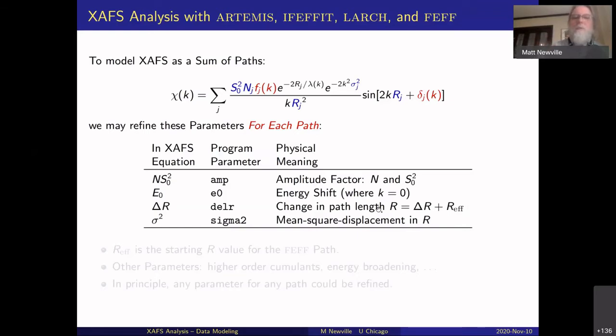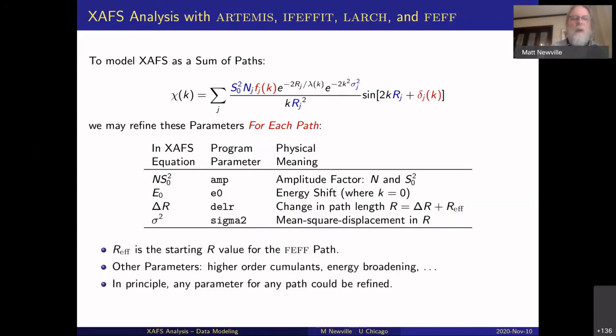So that just becomes reporting the distance and what is the change in distance. So we'll start with the R effective, and there are other parameters we could, and in principle, any of these could be refined. You can set them or you can refine them.